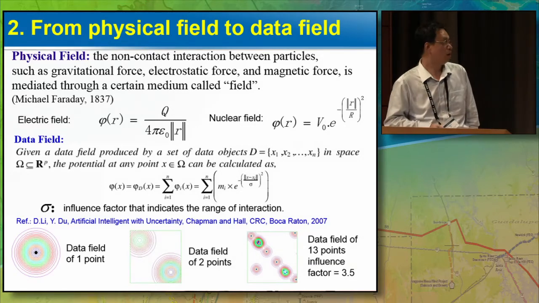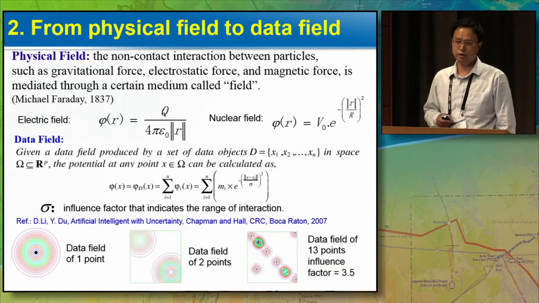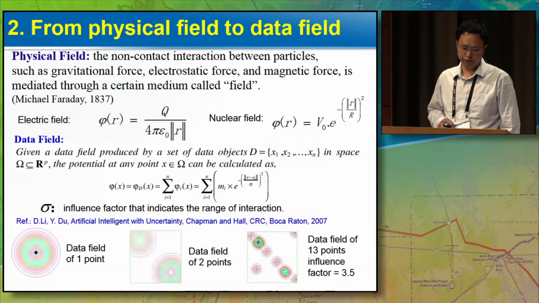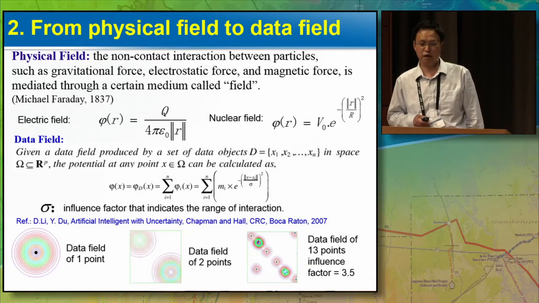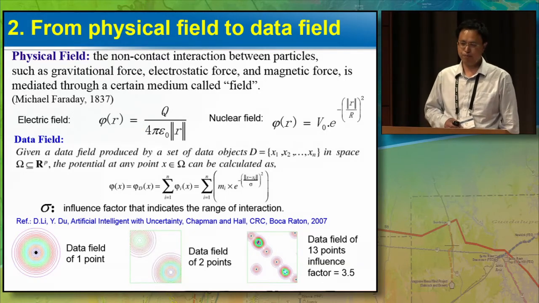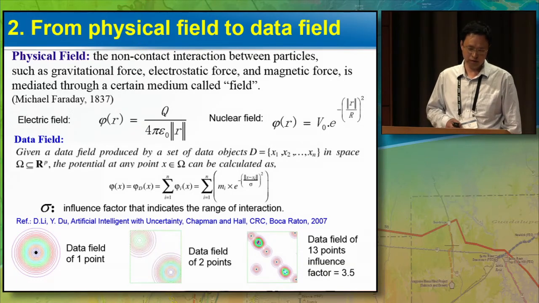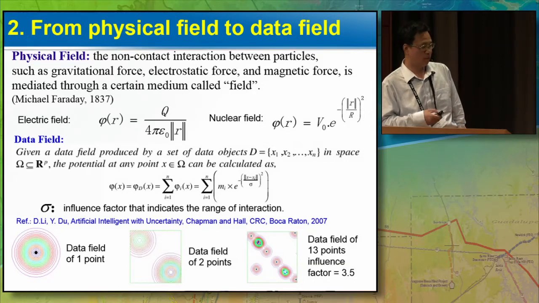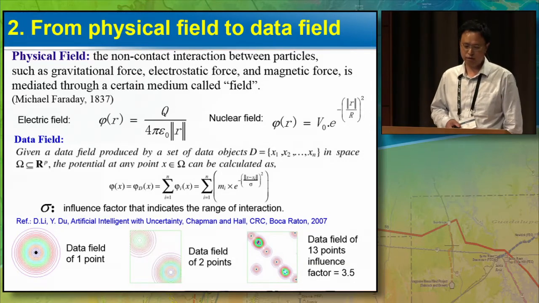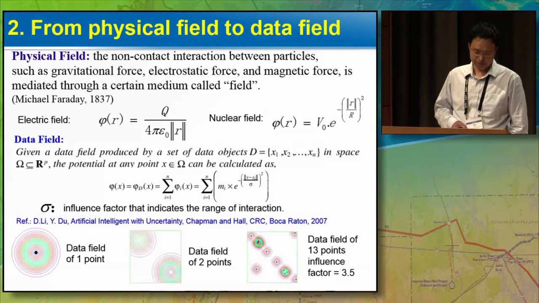For example, physics field is an important theory in physics. It can be used to describe the interaction between particles. There are many physical fields, for example, electric field and nuclear field and so on.